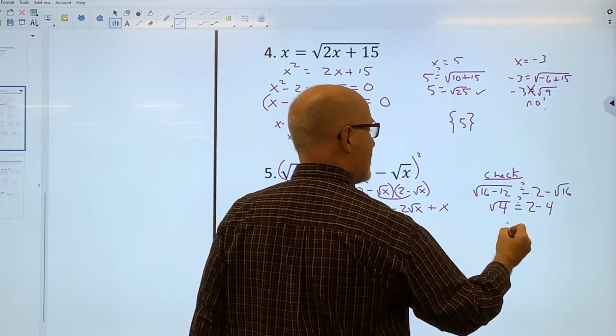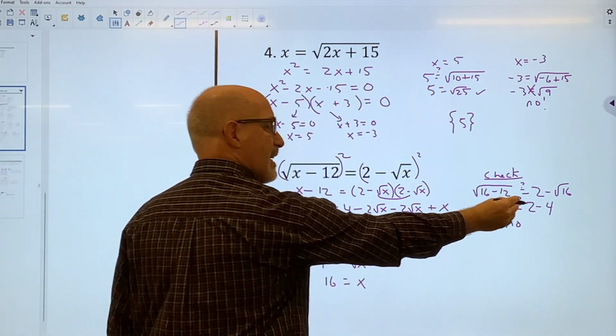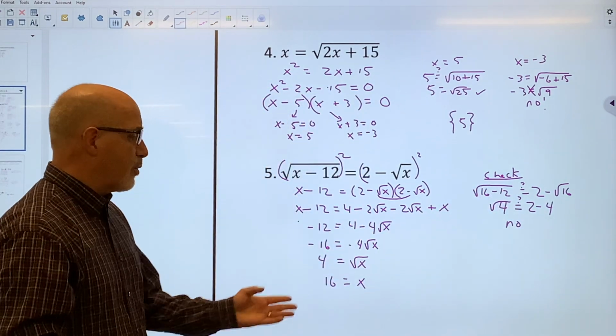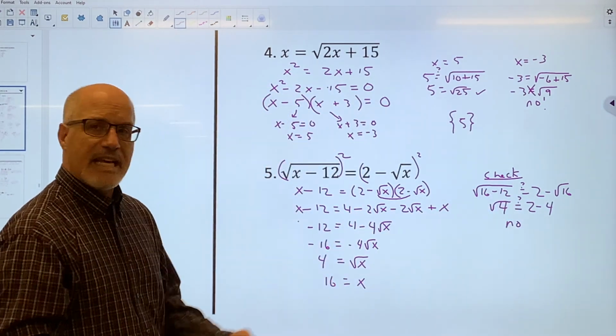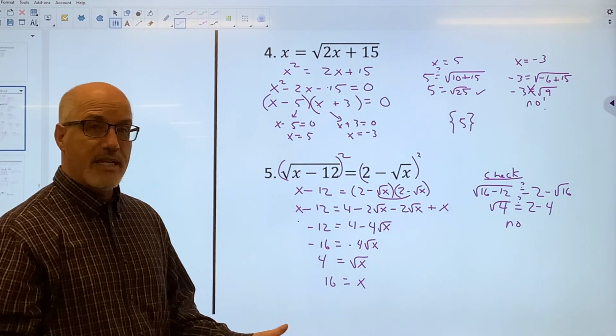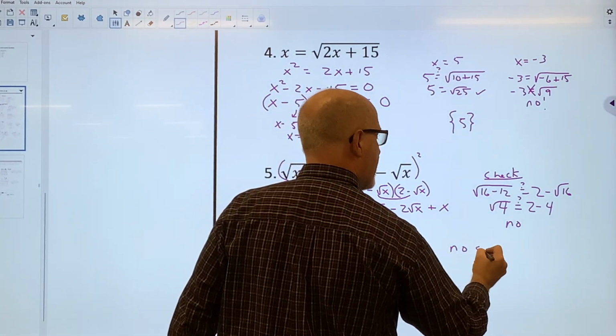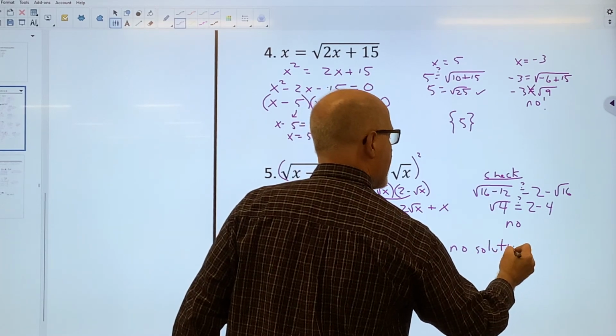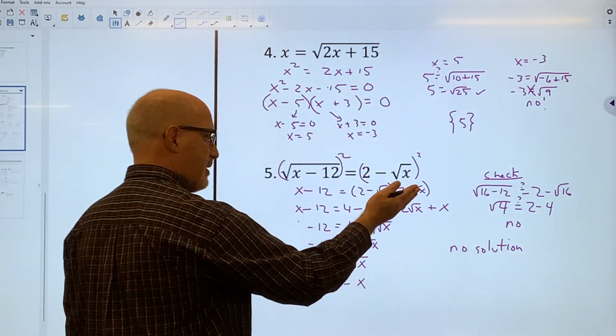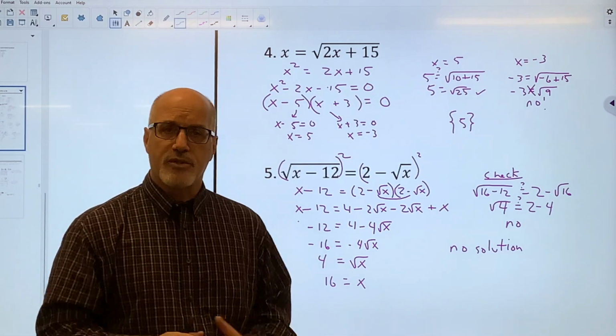And the answer is no, it doesn't, because that's a negative, this is a positive. So we've created one that we thought the answer was 16, but it's an extraneous solution. There is no solution to this one. And when you come up with an answer like that where the answer does not check, you have no solution.